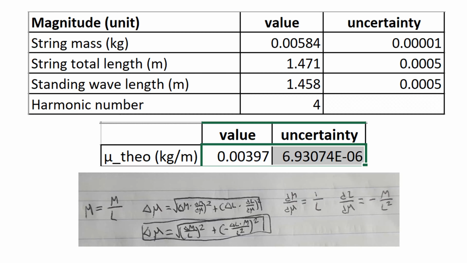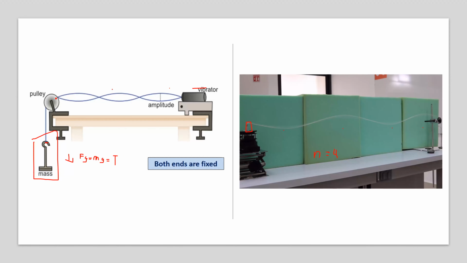So here is our data represented. Here we have the mass of the string, the total length of the string, and the standing wavelength, as well as the harmonic number, which remember was 4. Here we have 2 different lengths because it's important to differentiate them. The first one is the total length of the string, which on our diagram goes from here, where it's connected to the vibrator, all the way over here, where it's connected to the mass.